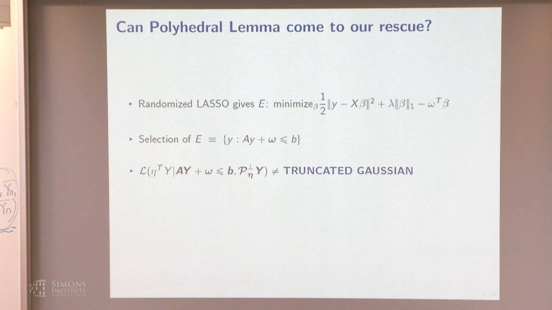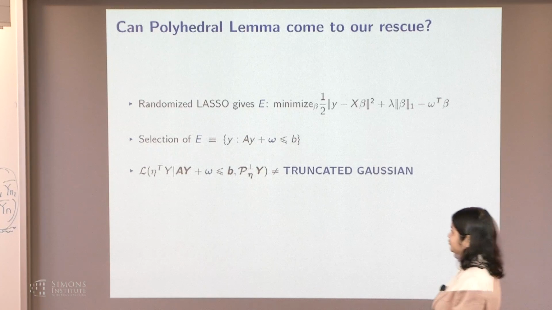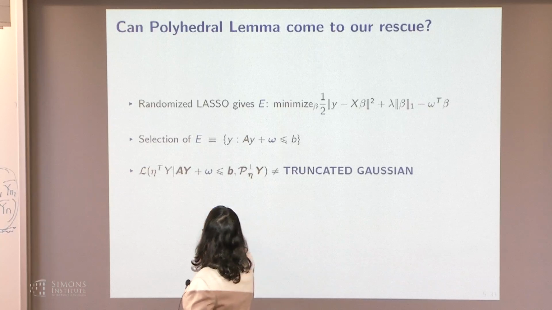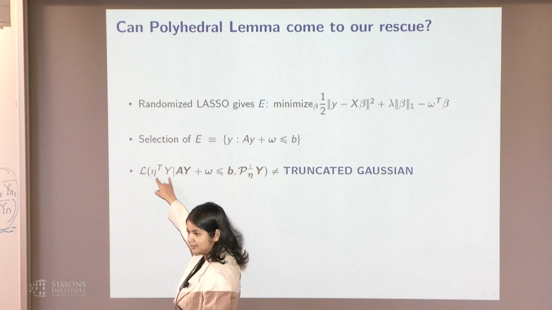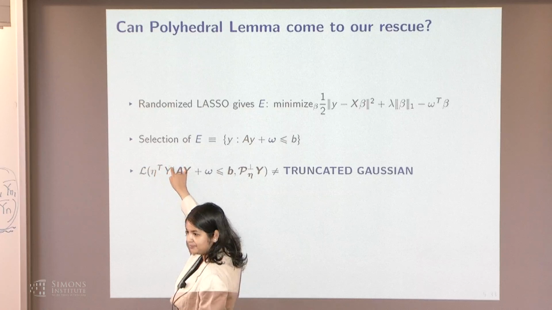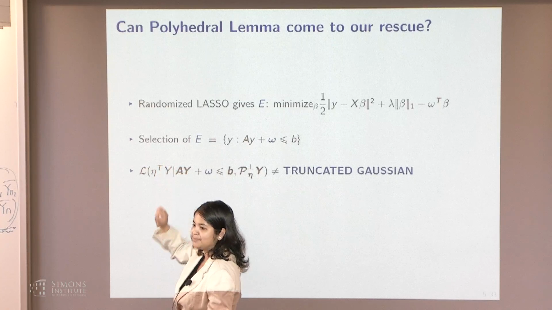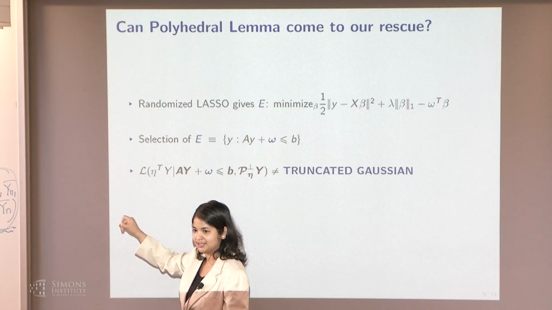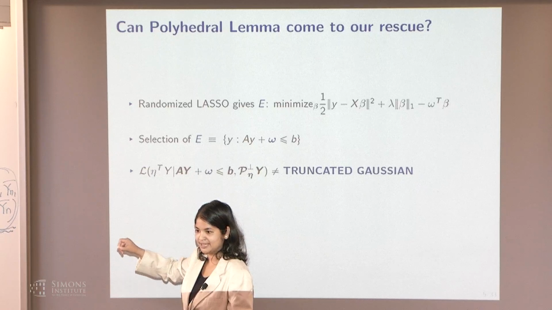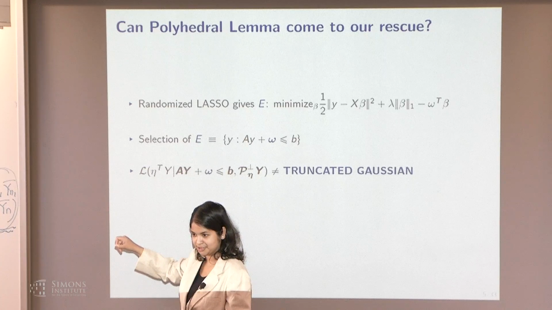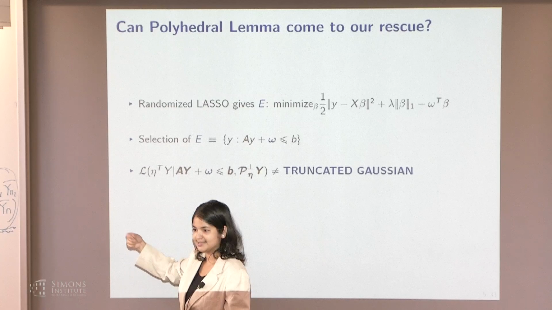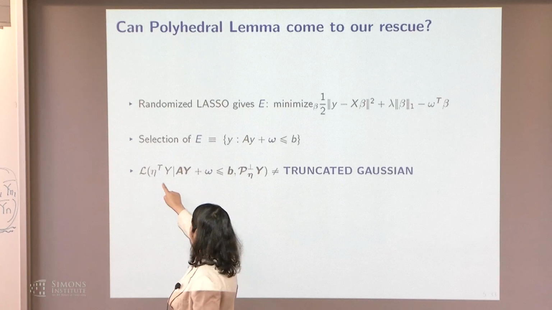So now if we look at the same conditional law, we are looking at the conditional law of our naive statistic, which was some eta prime y. This was the OLS, a particular direction, say the first coordinate of the OLS estimator that we obtained by refitting a linear model to our data y and selected subspace x.